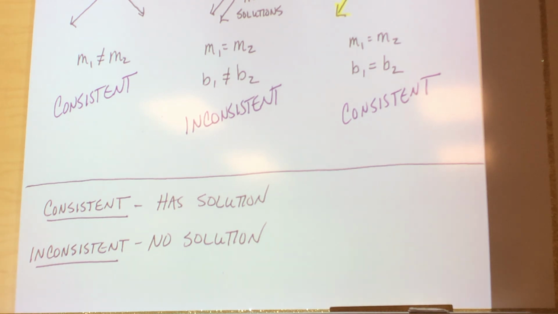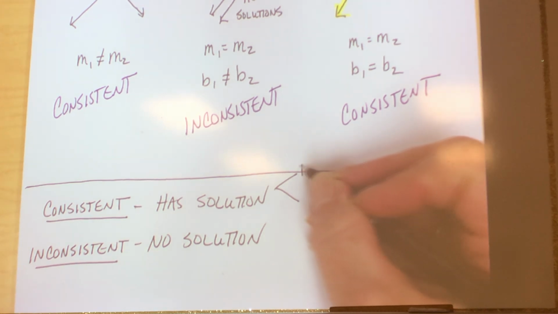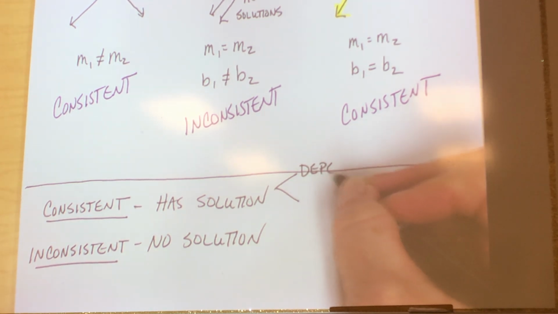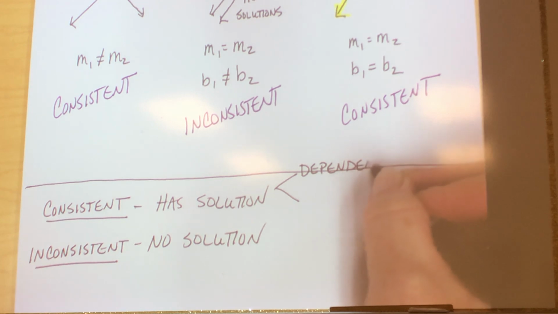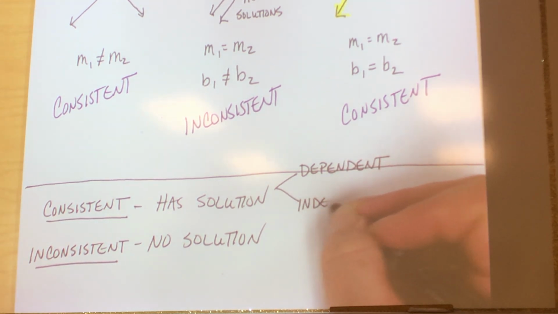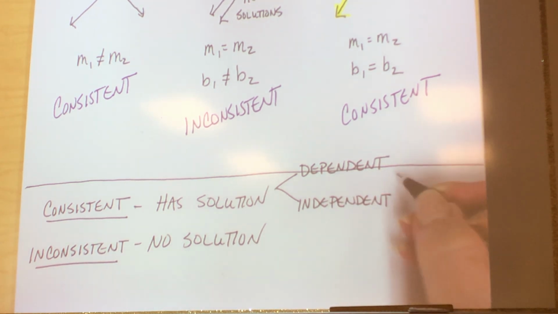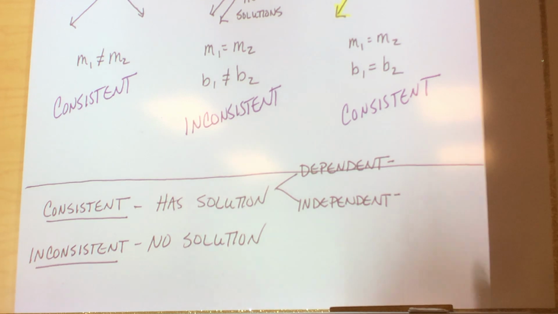Okay? So I'm going to tell you what the words are that differentiate between those. Okay? So the words are dependent and independent. Dependent and independent. All right?